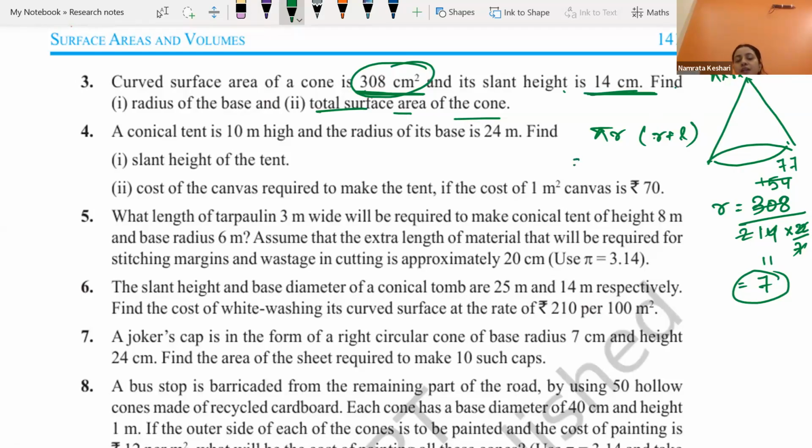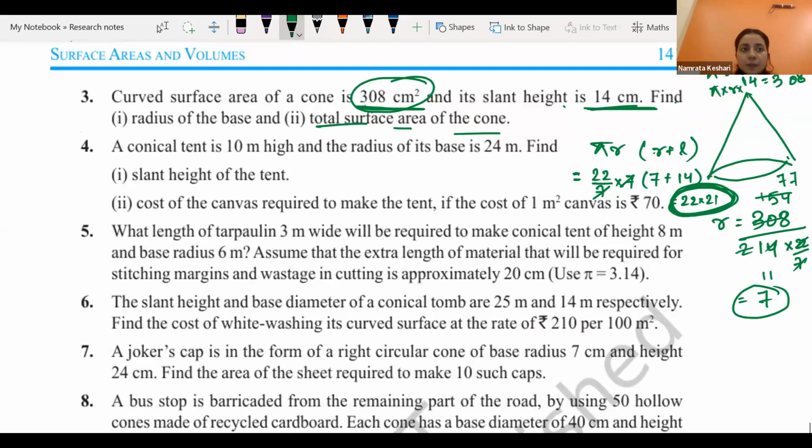Yes, everyone is getting the same. r is 7, pi is 22 by 7, r plus l, that means 7 plus 14, which is 21. So 22 into 21. This much only you have to do and you will get the answer. Now I am getting 462. Yes, this will be the answer.